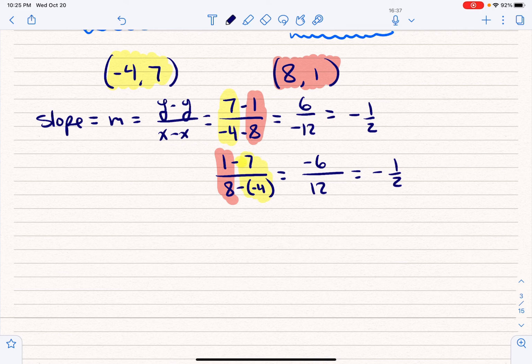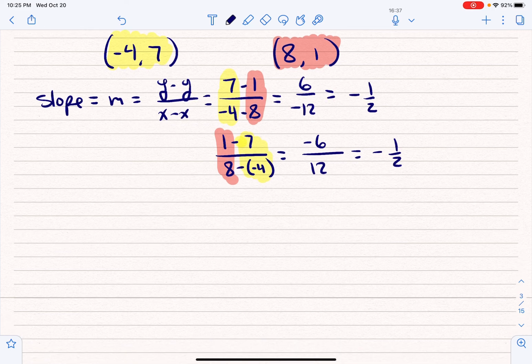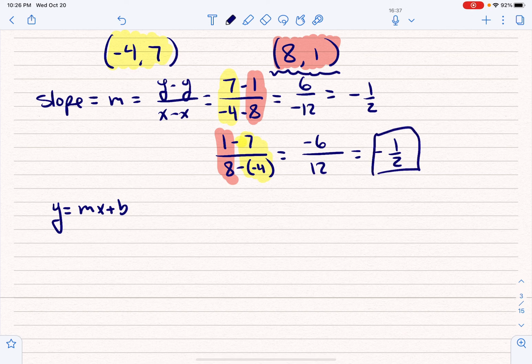Now I'm going to show you both ways of doing it, because I don't know how you feel about the two methods. Maybe you did the y equals mx plus b method and plugged everything in. I would probably use this point, and this slope right here. So my y value is 1, equals my slope of -1/2, times my x value of 8, plus b.